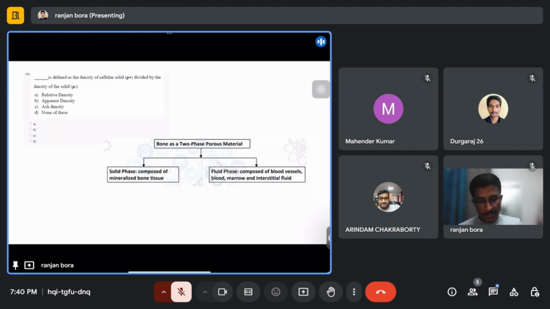Yes, it is relative density. And we know that bone is a porous material, and bone contains two phases. One is the solid phase and another is the fluid phase. The solid phase of bone is composed of mineralized bone tissue, and the fluid phase is composed of blood vessels, blood, marrow, and interstitial fluid. And here, relative density is the density of cellular solid divided by the density of solid.